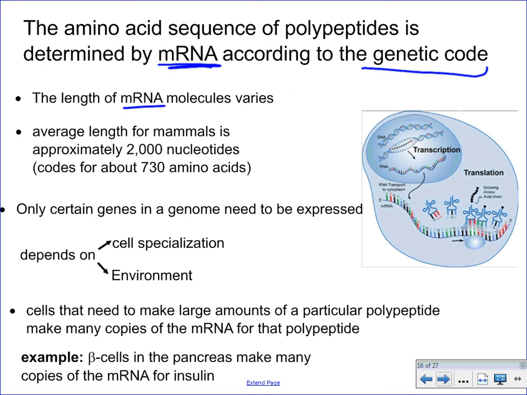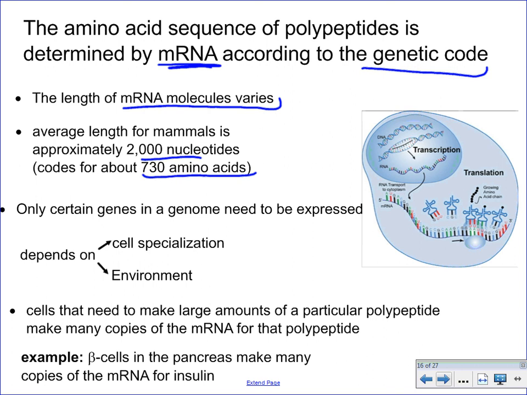The length of the mRNA molecule will vary, and because of that, the length of the polypeptides will vary. The average length for mammals is approximately 2,000 nucleotides, which codes for about 730 amino acids.